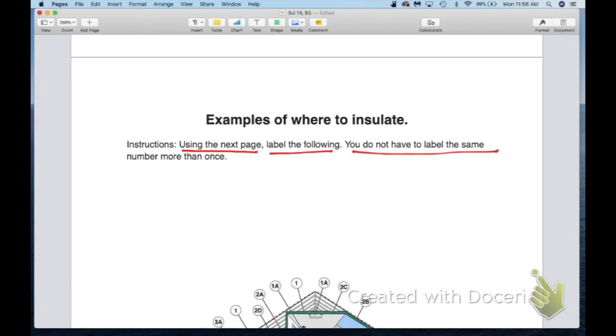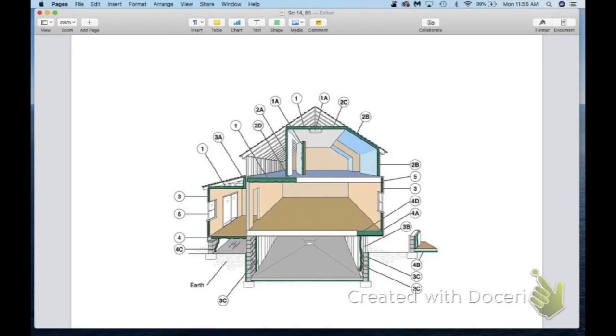You do not have to label the same number more than once. So basically, you're just going to label this. It's actually pretty easy. What is this? I've already done 1A, so I don't have to do another 1A. Okay? Well, let's go find the answer on this.